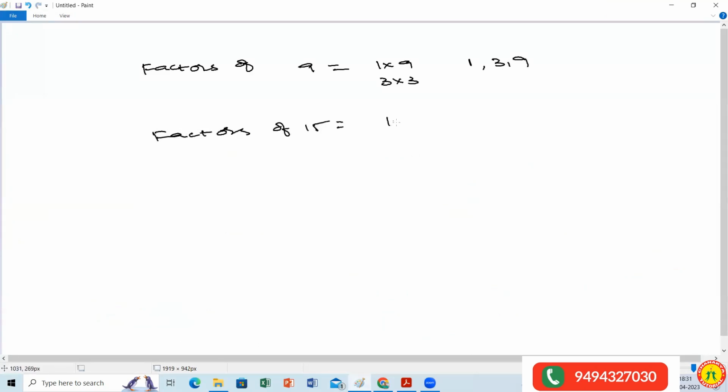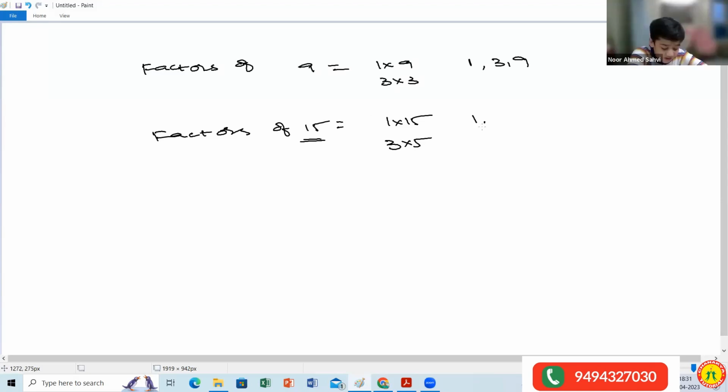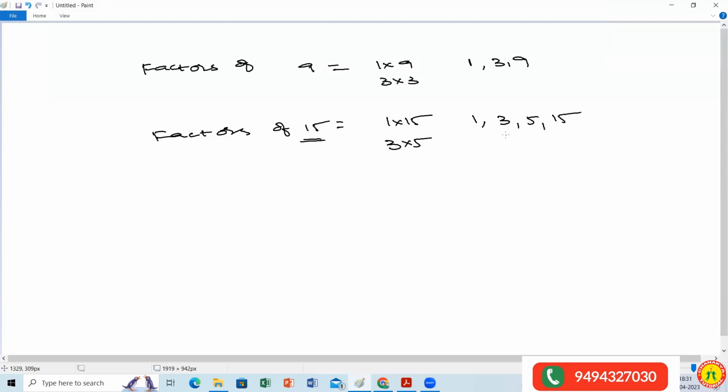You can multiply 1 into 15. 1 and the number itself are always factors. It won't go in the 2 table because it's not an even number. Go with the 3 table: 3 5s are 15, so 5 also. The factors of 9 are 1, 3, 9. The factors of 15 are 1, 3, 5, 15.